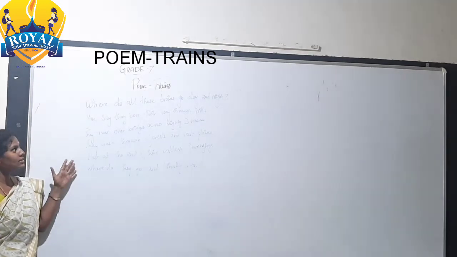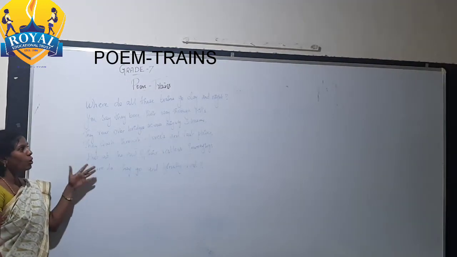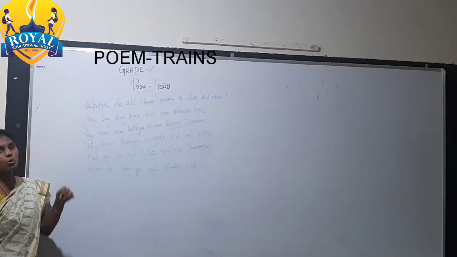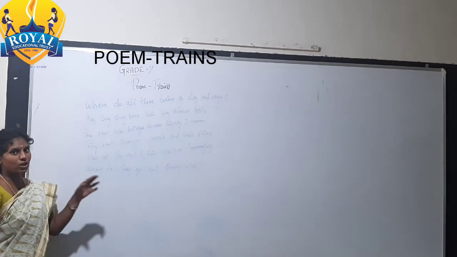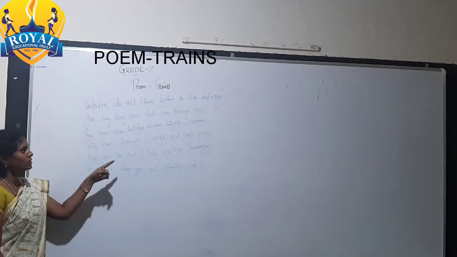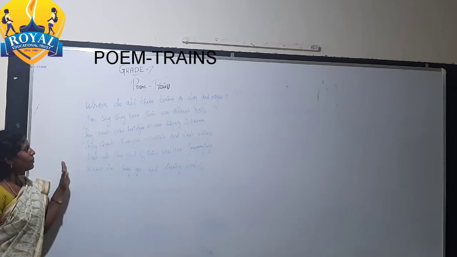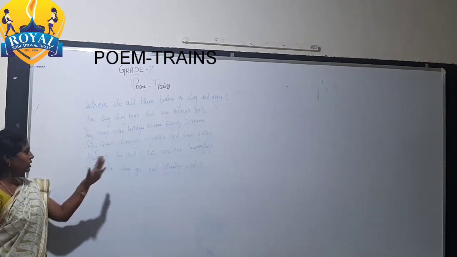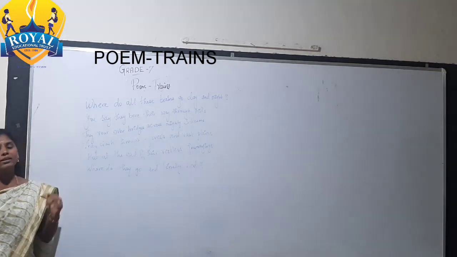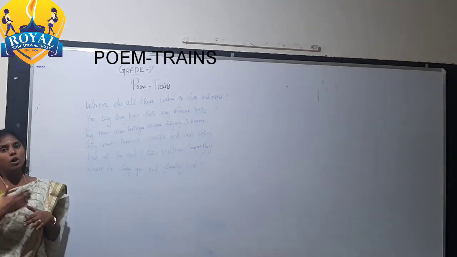So this is the last stanza. In this stanza, the poet tells how the trains come across all the mighty streams. So what is the meaning of stream? Stream means river. So they cross through forest and vast plains. But at the end of their restless journeys, where do they go and finally rest? So the young child has a doubt. What's the doubt?